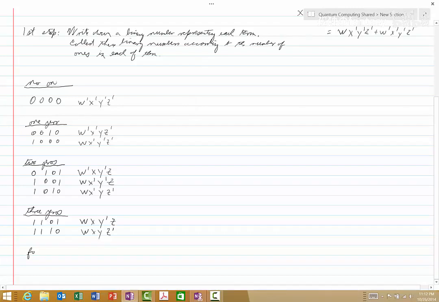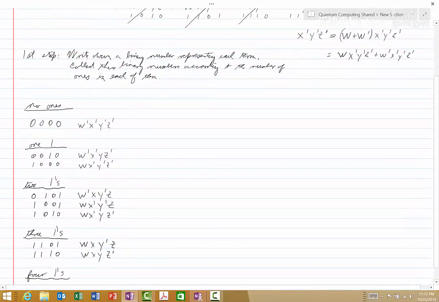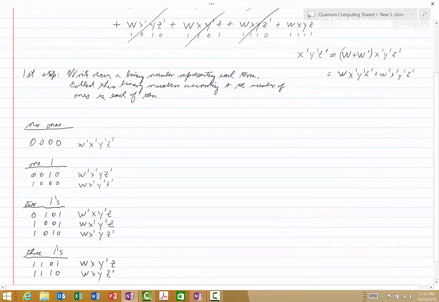So no ones, and then 1 one, 2 ones, 3 ones, and then we write down finally there's only one term with 4 ones, and that's 1, 1, 1, 1, which is W, X, Y, Z.